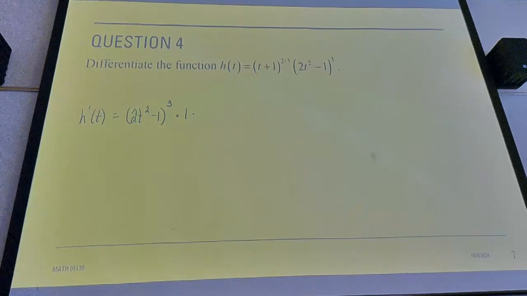Now, what's the power? What's the derivative of a power? Bring the power down, then subtract 1. This is known as the general power rule.